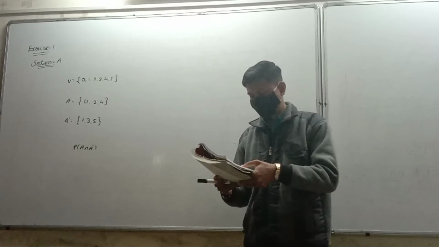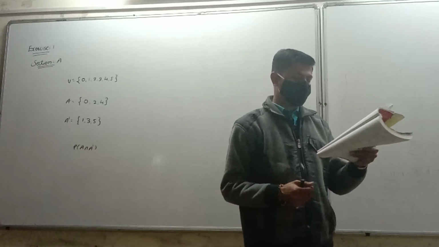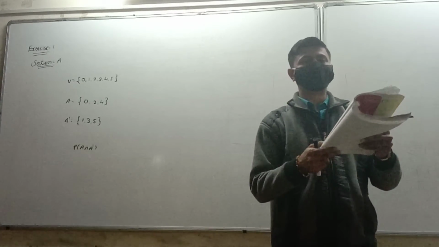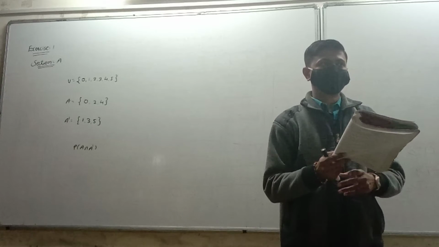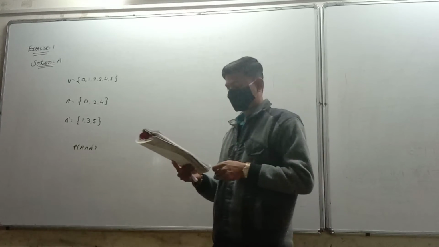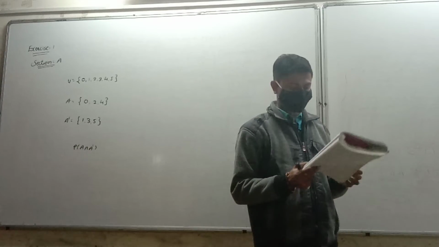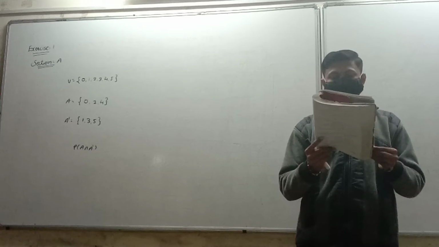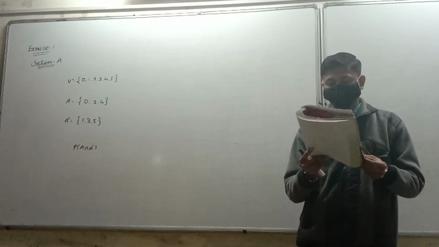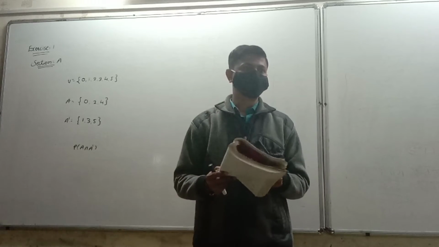Third, which of the following options is true for any event of a sample space? कोई भी इवेंट के लिए ये चारों में से कौन सी वैल्यू ट्रू है? So first, P of A less than 0, not possible, negative. Second, 0 less than or equal to P of A greater than or equal to 1, not possible.